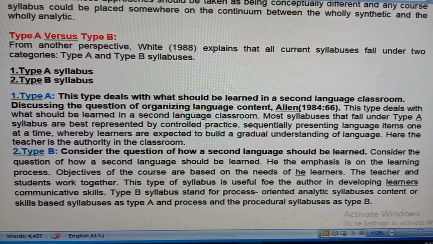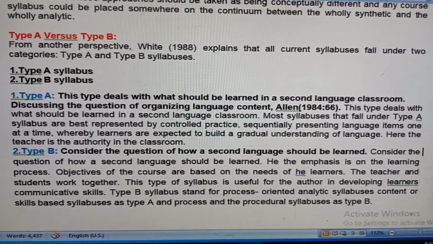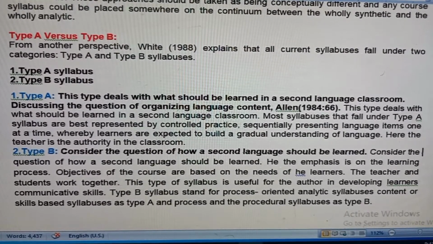This type of syllabus is useful in developing learners' communicative skills. Type B stands for process-oriented analytic syllabuses, with content or skill-based syllabuses as Type A, and process and procedural syllabuses as Type B.